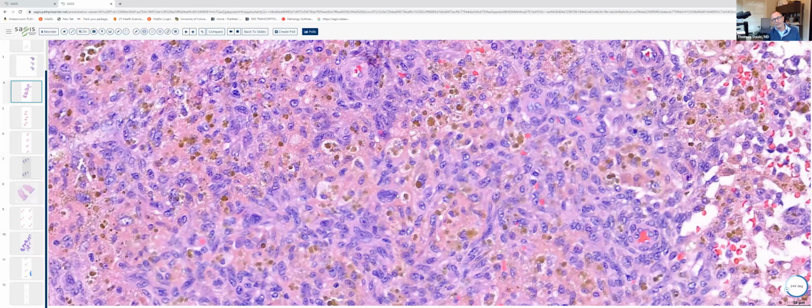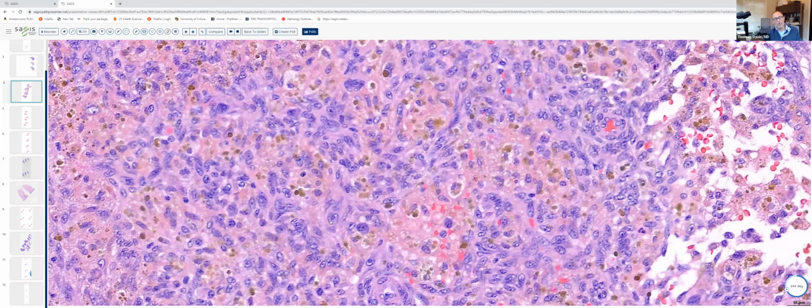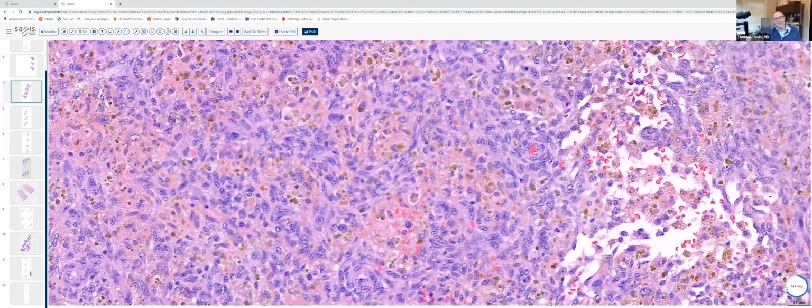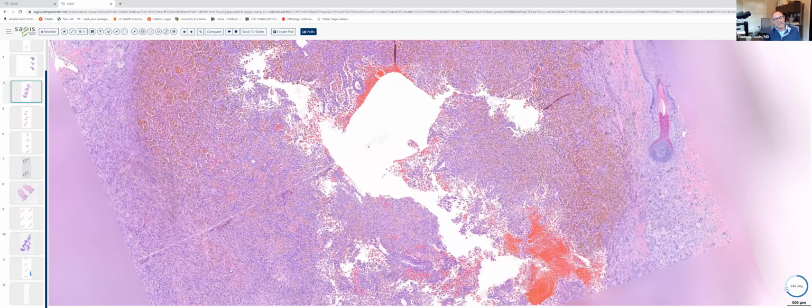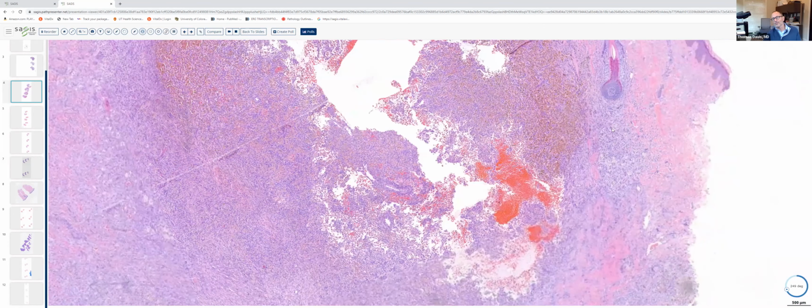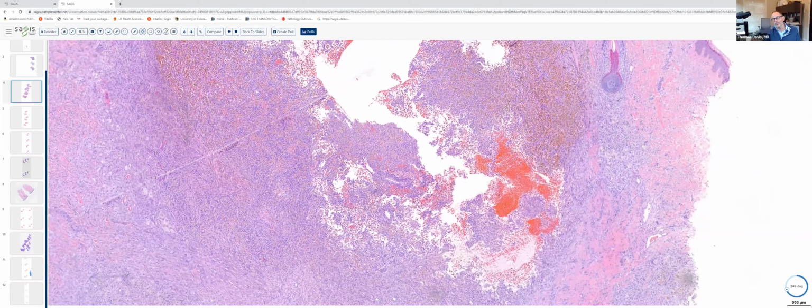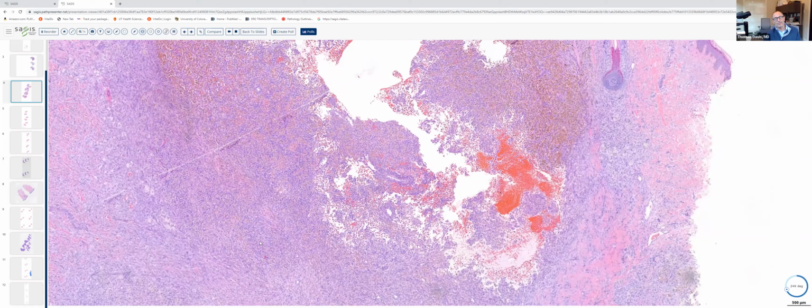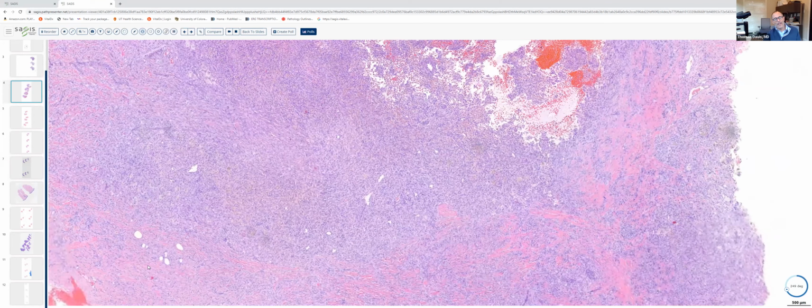There's a little bit of nuclear pleomorphism, but if you note, we're not seeing any necrosis or an appreciable number of mitotic figures. And this large cellular fibrohistiocytic infiltrate, again, with the collagen trapping and ring siderophages out at the periphery, seems to be compressing the fat.